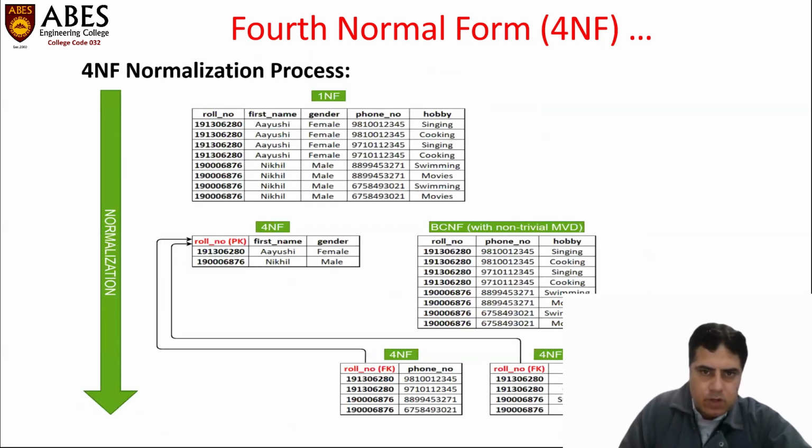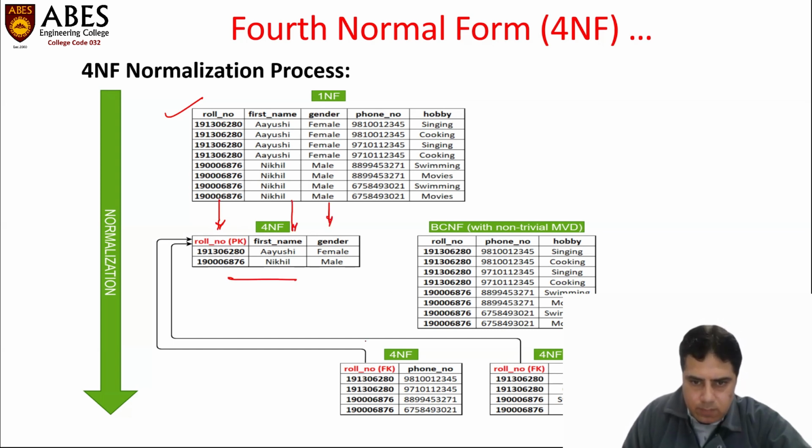Now, when we normalize this table into 4NF, we will decompose the table. In decomposition, first we will create roll number as a primary key, then name and gender. This is one table. Then we will break the first multi-valued attribute into a second table: roll number acts as a foreign key, and phone number.